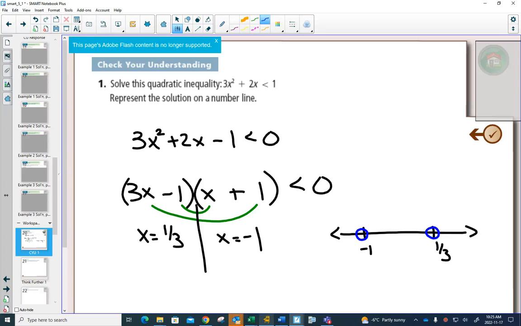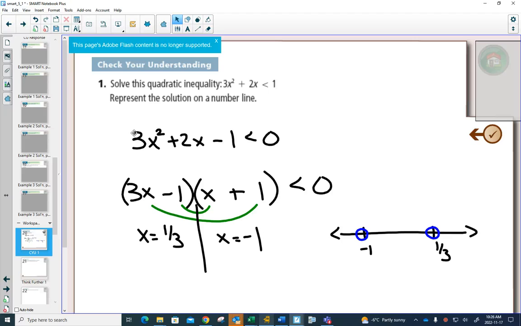Now, we have to figure out which sections are true, which sections are false. We can either use test points, or we can use the graph. Now, I'm going to tell you the graph is easier, but when you get to calculus, for some of you who are taking calculus next year, the test point idea comes back, and we use it again in calculus.